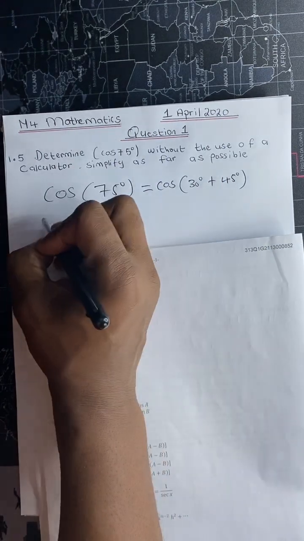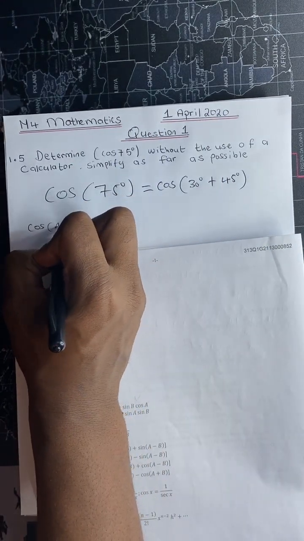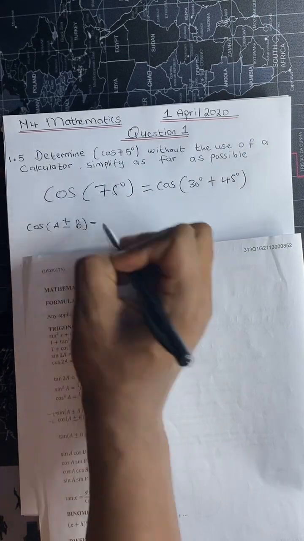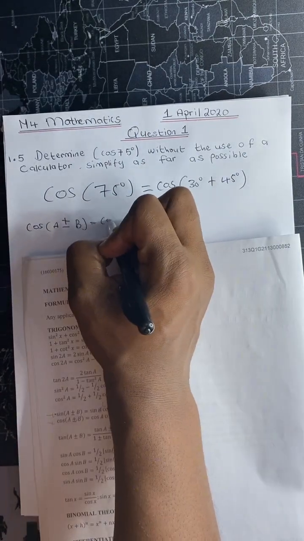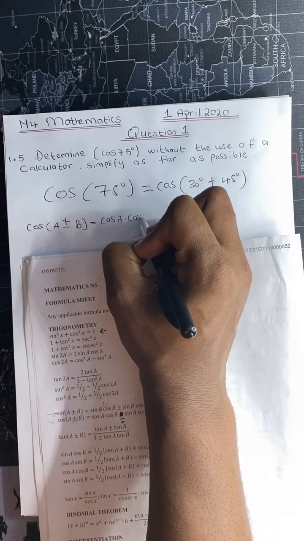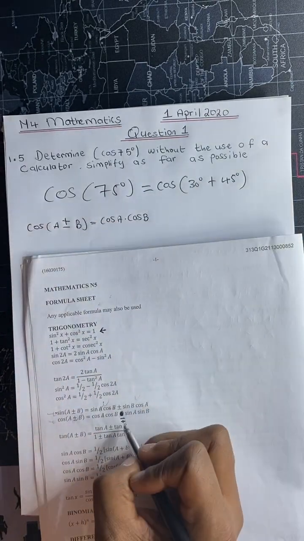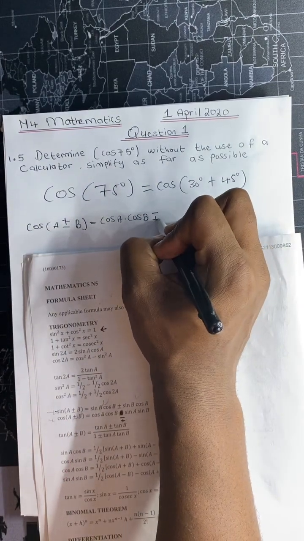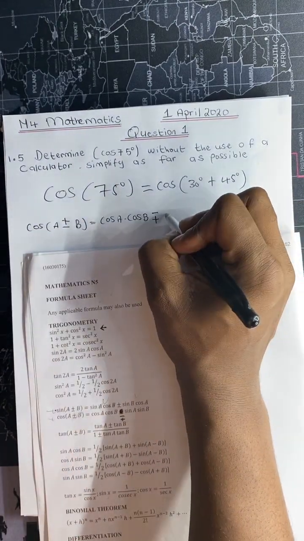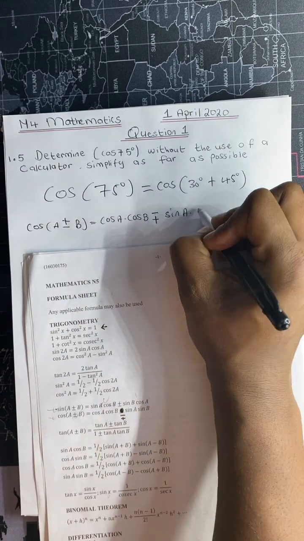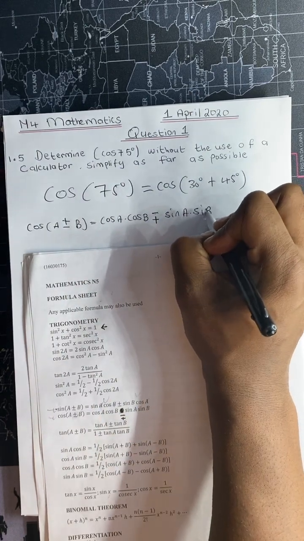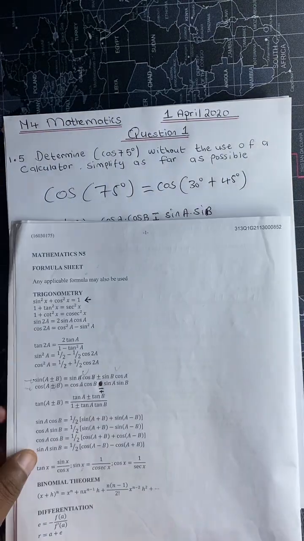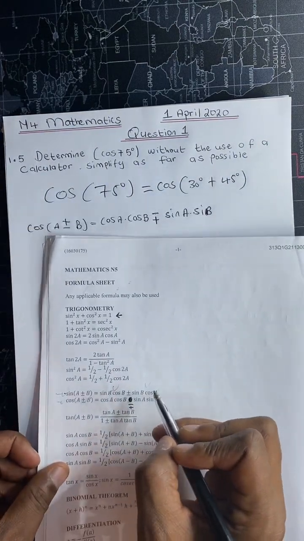They are saying that cos of A plus or minus B is equal to cos A multiplied by cos B, minus or plus sin A multiplied by sin B. If you look at other question papers, it will be minus plus instead of plus or minus. So it was that formula for cos. So I just copied that formula.